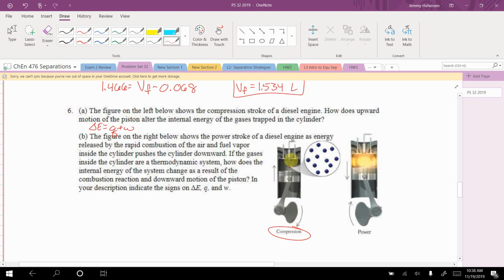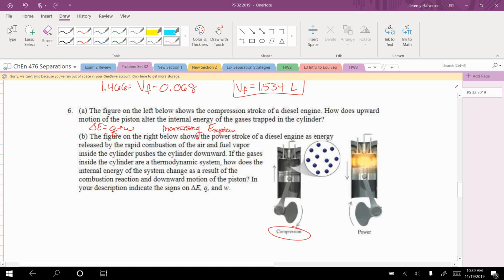We're just compressing the gas particles. If I'm compressing, the surroundings is doing work on the system, so that's positive work. If work is positive, the change in internal energy is positive. So you're increasing the energy of the system by compressing.